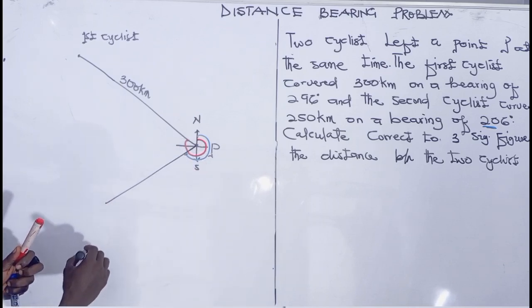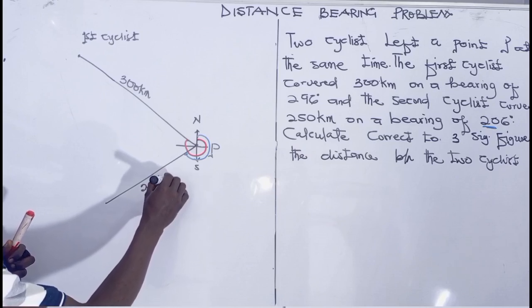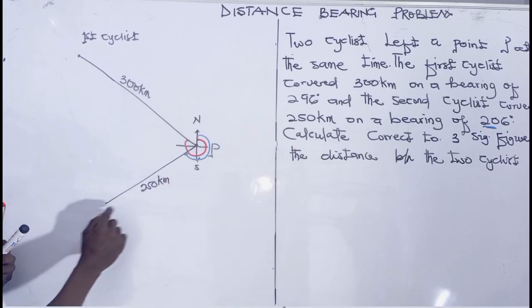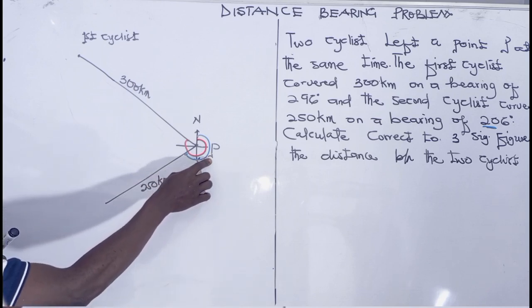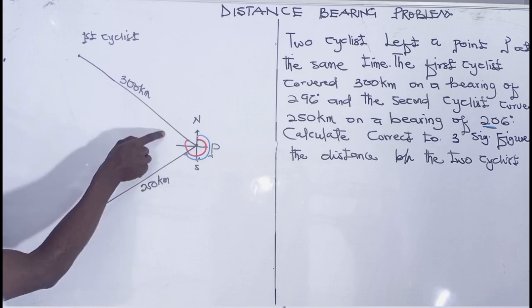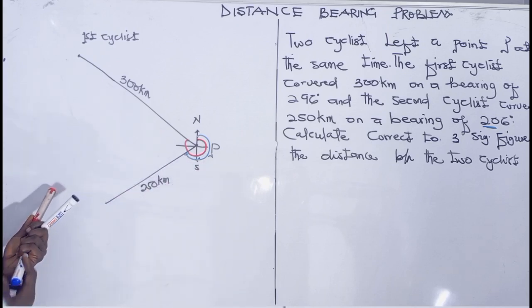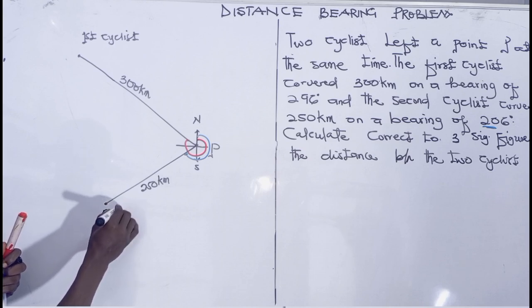The distance is what? 250 kilometers. Now know that 300 kilometers is longer than 250 kilometers. Therefore, the distance between the point P and the first cyclist must be longer than the distance between P and the second cyclist. So let's call this point the second cyclist.